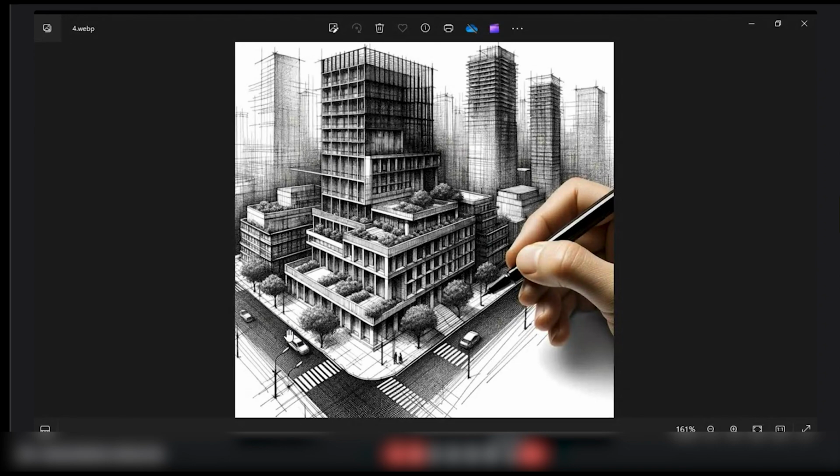So this is the effect of lighter and bolder strokes, right? When you look at these buildings which are a little bit further ahead, those in the background are very light in shade, correct?